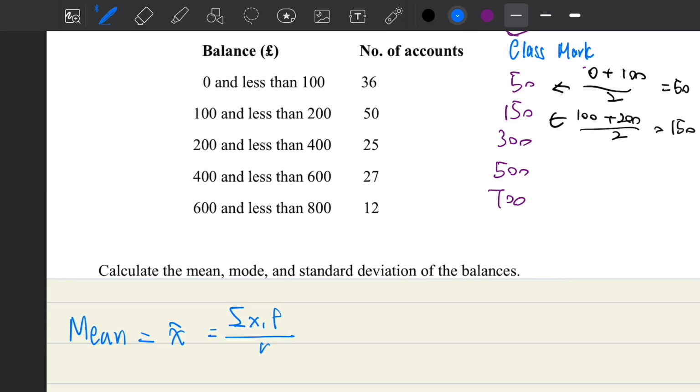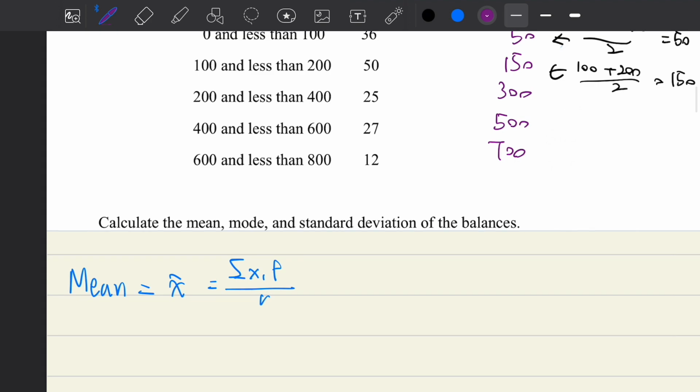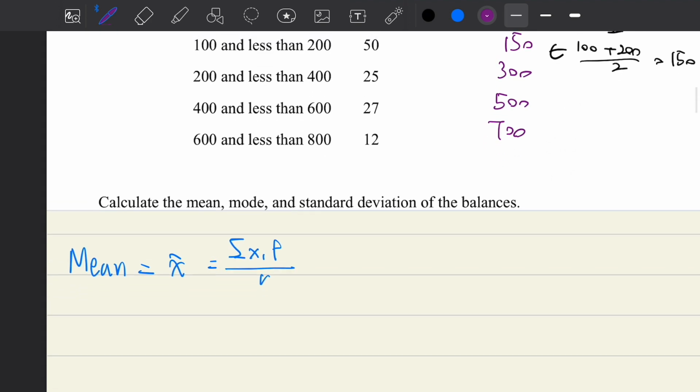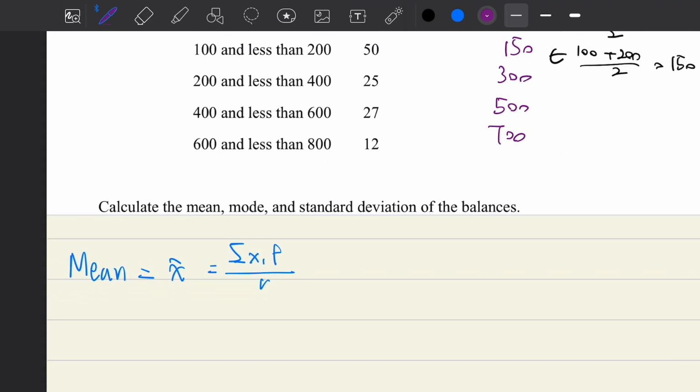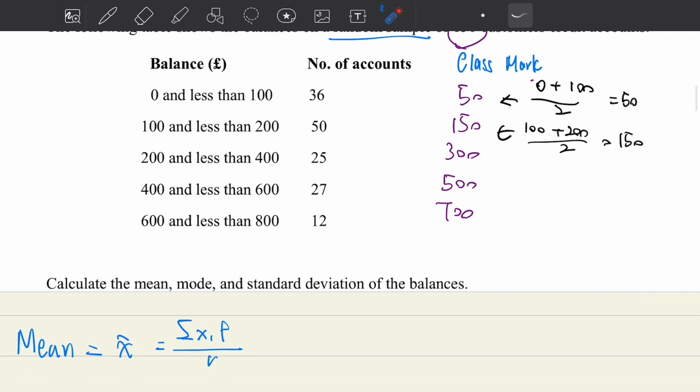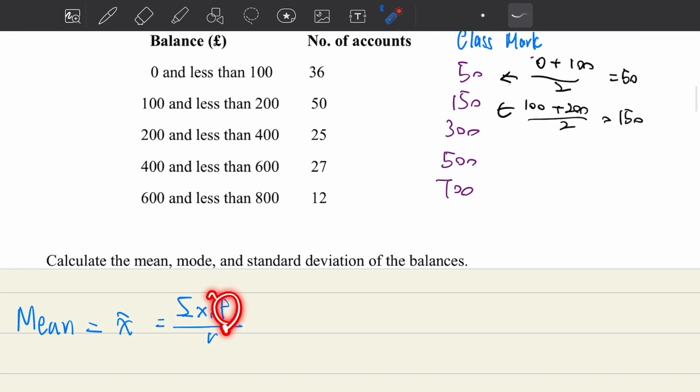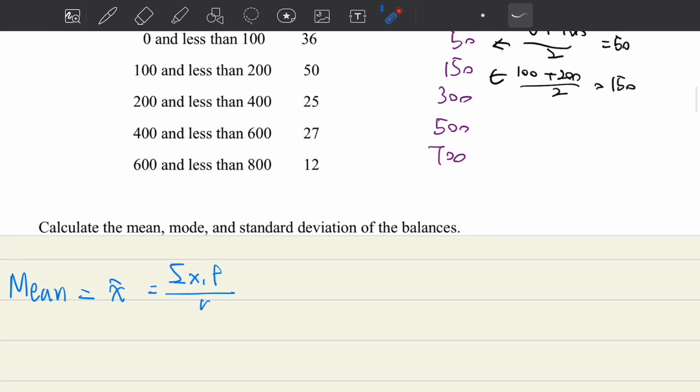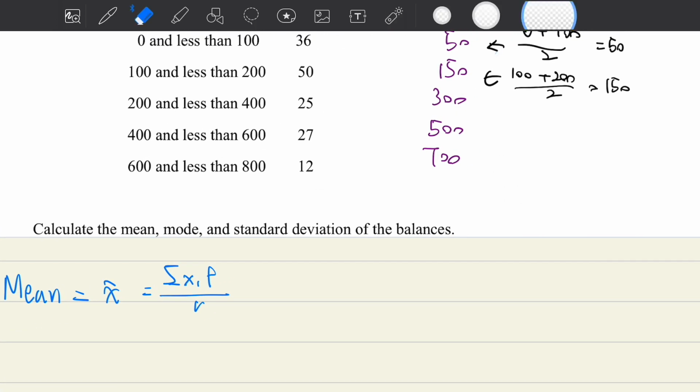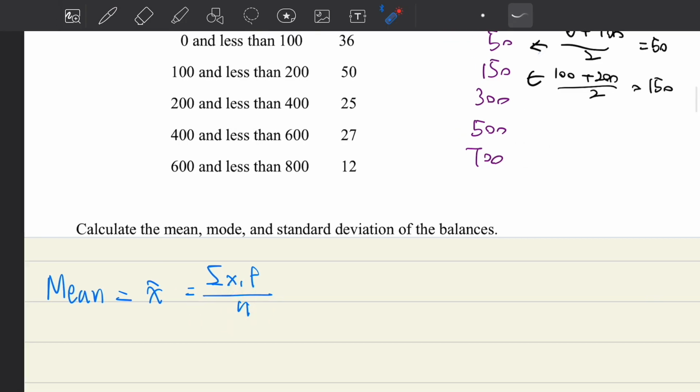Now we need to calculate the mean. In a sample question, we use the sample mean, and we need to find the total of the number of accounts times the class mark, divided by the total frequency, which is the n.